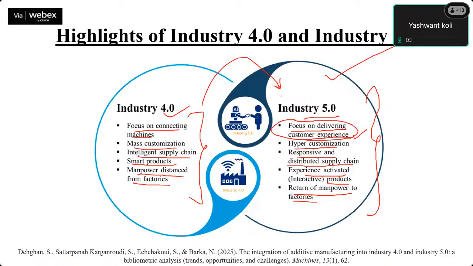So together, Industry 4.0 and 5.0 complement each other. Industry 4.0 drives automation and efficiency, while Industry 5.0 ensures human creativity. As I told you, 4.0 is all about automation, so everything is automated, nothing is manual, and human intervention is not needed; everything is done through robotics and automation.